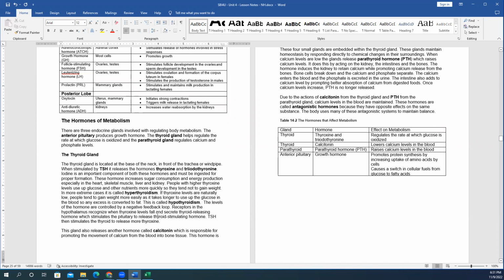And so what they will do in response to lower levels of thyroxine in the blood, they will secrete thyroid releasing hormone, which will then stimulate the pituitary to release the thyroid stimulating hormone, which then goes on and stimulates the thyroid to release more thyroxine. In that system, this is an example again of the negative feedback loop here.